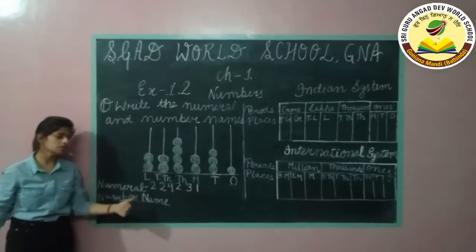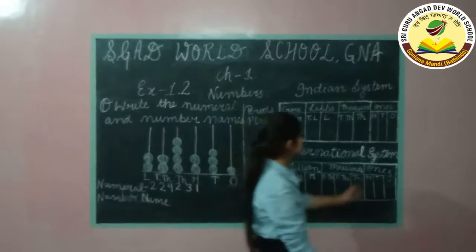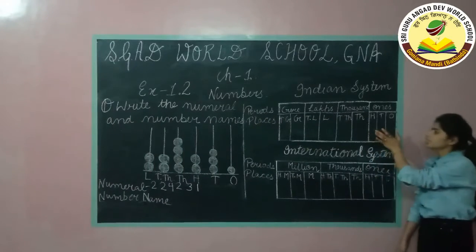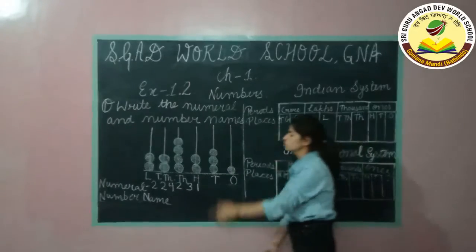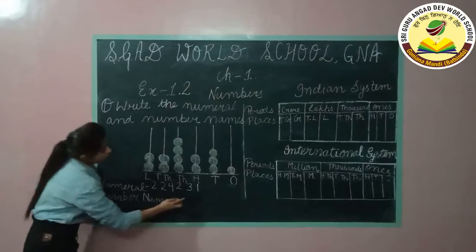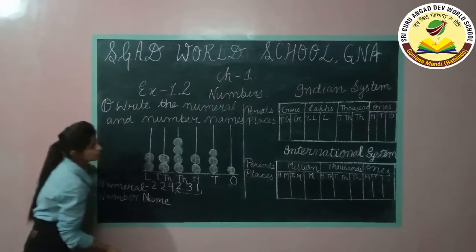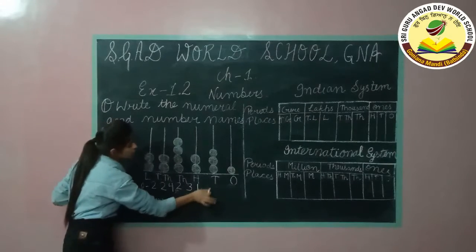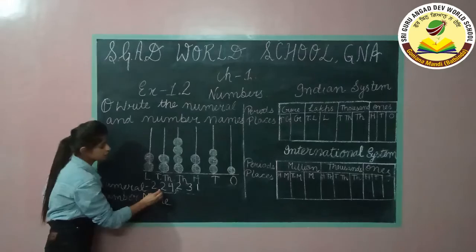We separate it by commas. According to the Indian system, the ones period contains 3 digits, the 1000 period contains 2 digits, and the lakhs period contains 2 digits. This is the ones period, separated by a comma, and this 1000 period is also separated by a comma.